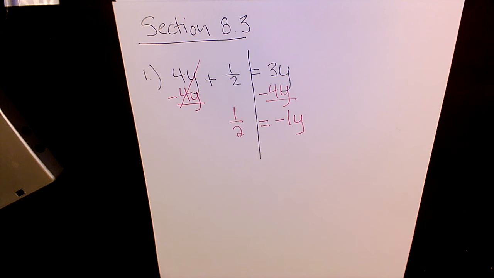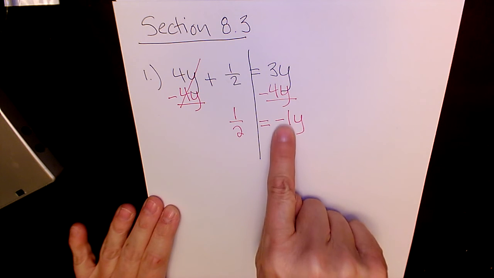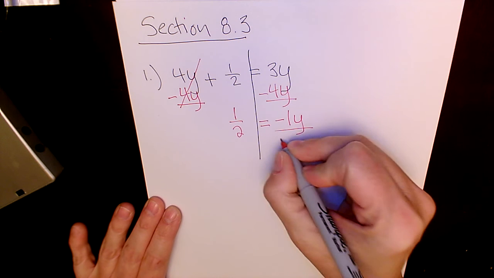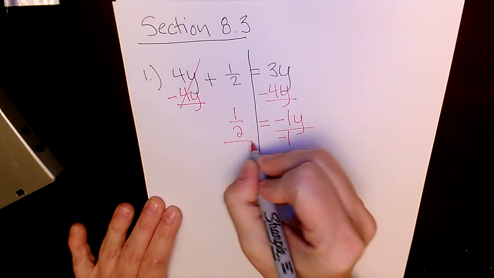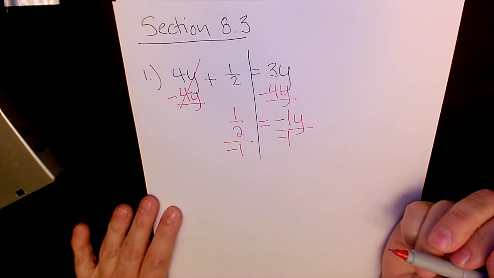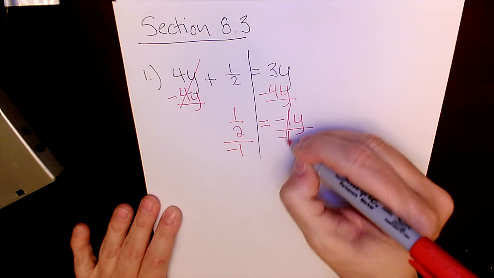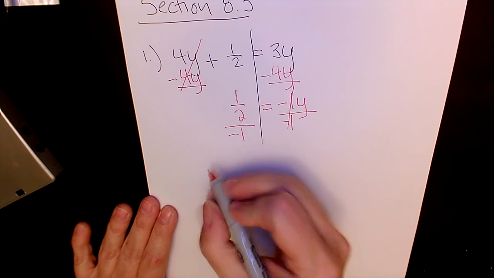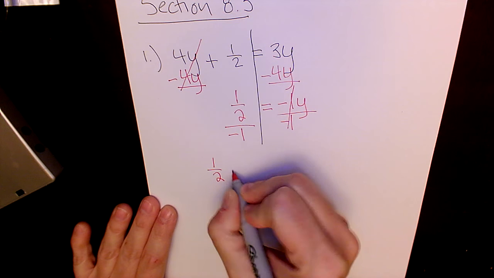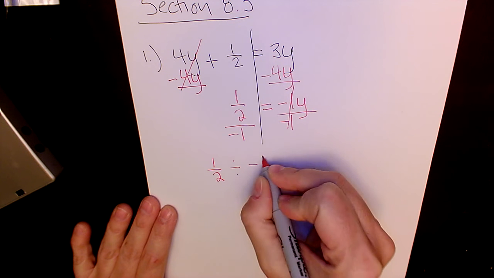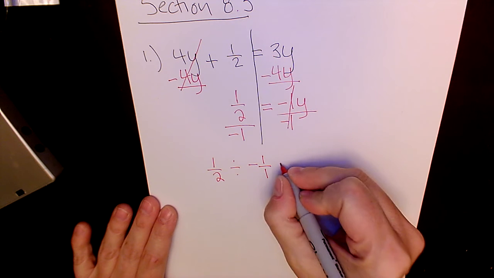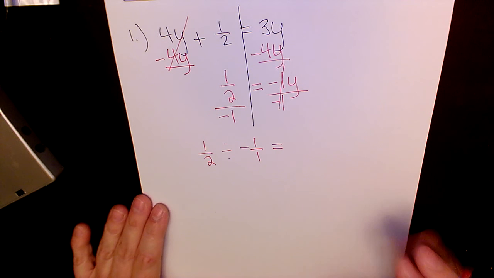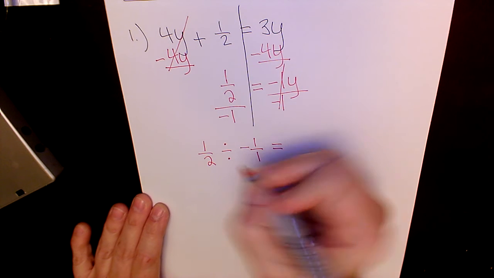And remember, our last step is always to divide by this number in front of the y. So I'm going to divide both sides by negative 1. We can work this out if you want. There's another way to write it. Or you can just punch it in your calculator as well.